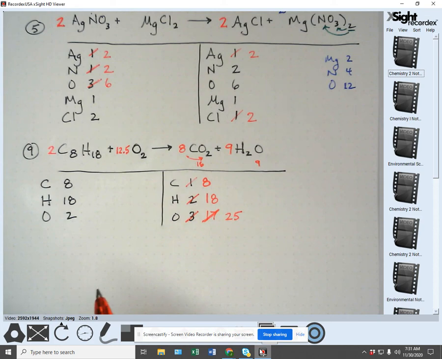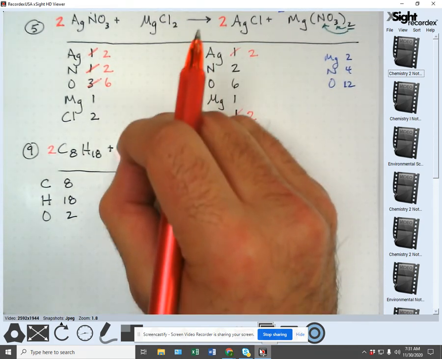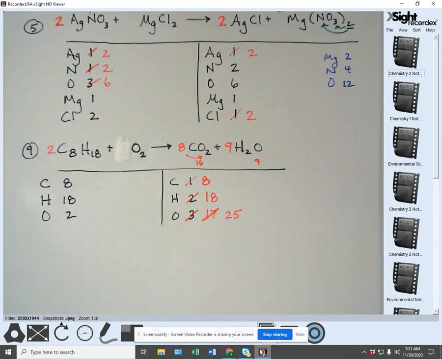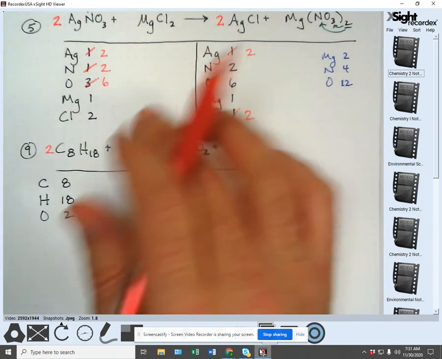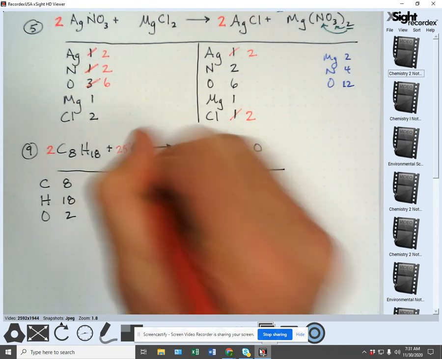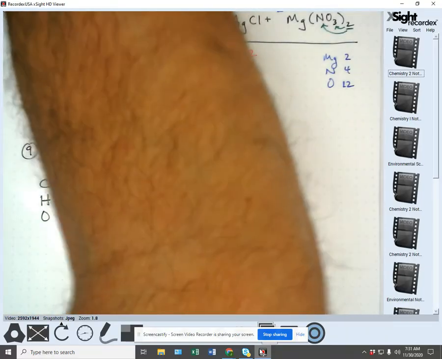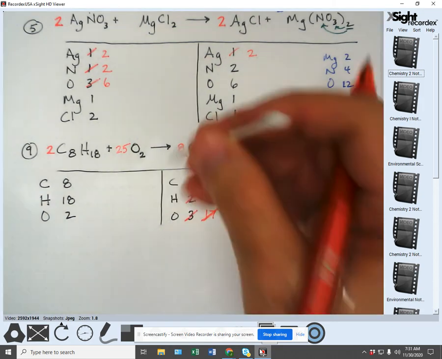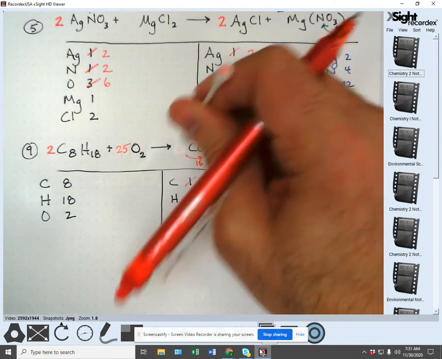Okay, the 12.5 times 2 becomes a 25. The 8 becomes a 16.